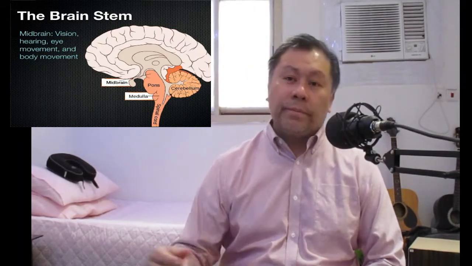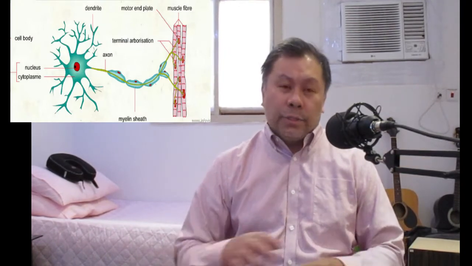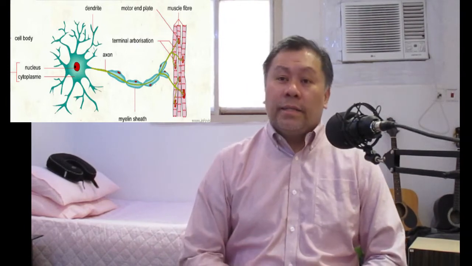All information relayed from the body to the cerebrum and cerebellum and vice versa must traverse the brainstem. And the basic function of the cell body is to process information to the center of the cell, while supporting and removing debris from the nervous system is the basic function of the neuroglial cells.